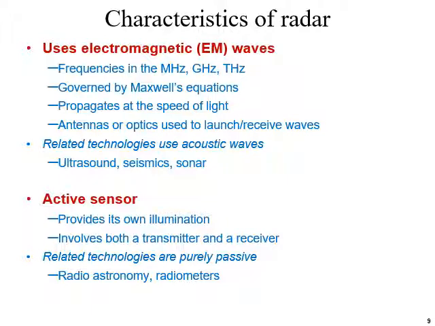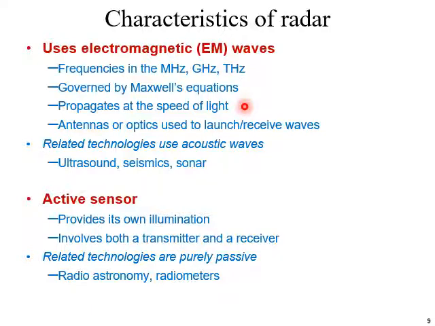Now the characteristics of radar. First of all, it uses electromagnetic waves, with frequencies of the order of megahertz, gigahertz, terahertz. The propagation is governed by Maxwell's equations. Light is also an electromagnetic wave, so it propagates at the speed of light in vacuum.